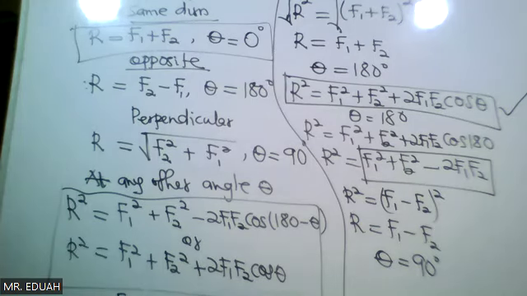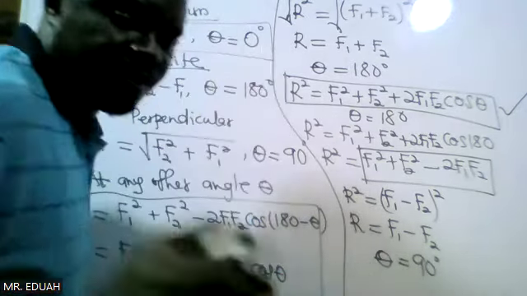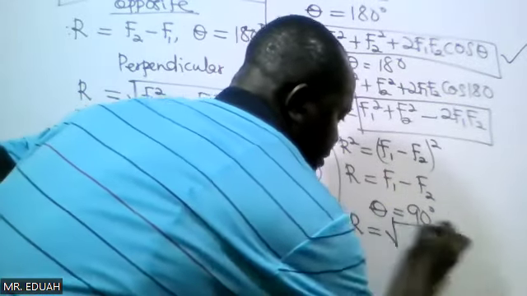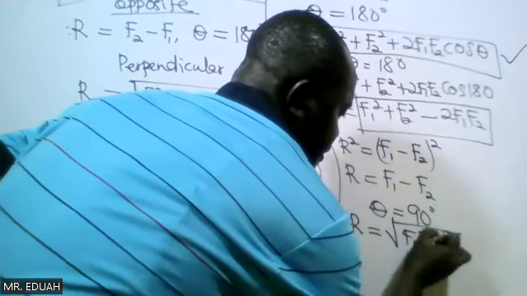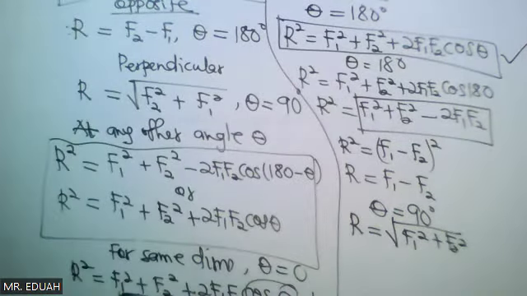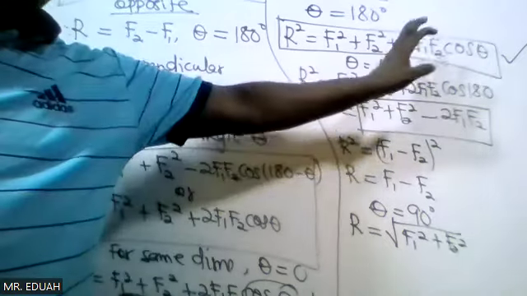Sir, please, I had R is equal to the square root of F1 squared plus F2 squared. So, in effect, all that we are saying is that the cosine rule can be applied to all directions.